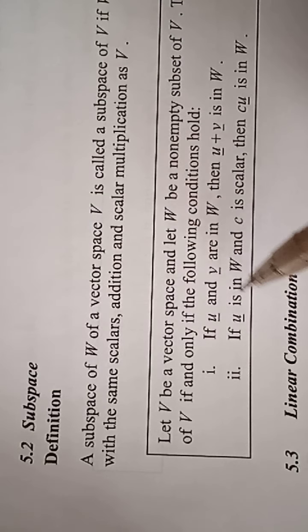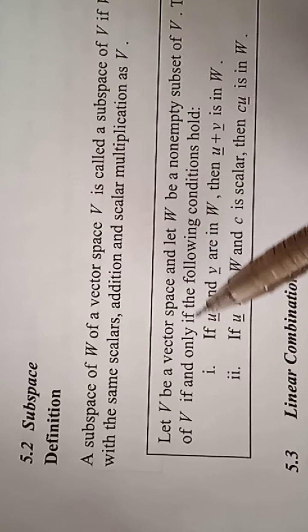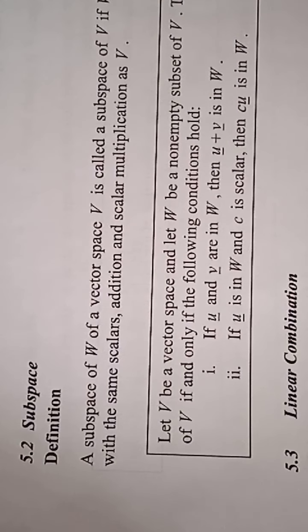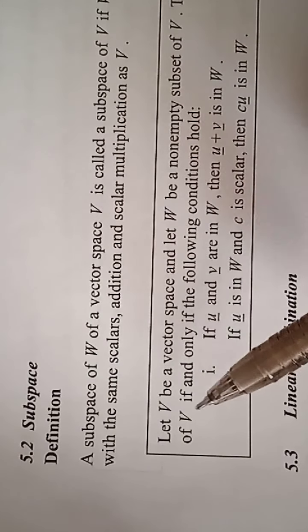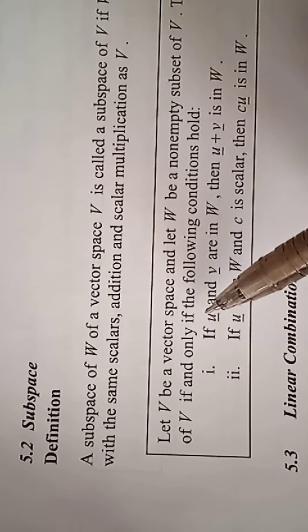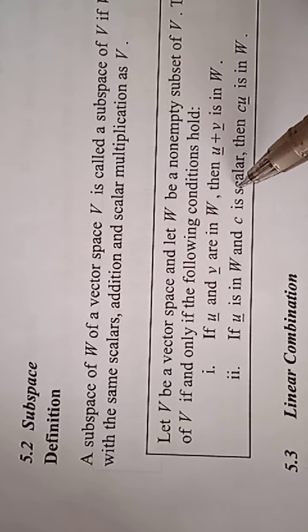then it should follow these two criteria. Let V be a vector space and W a non-empty subset of V. Then W is a subspace of V if and only if the following conditions hold.